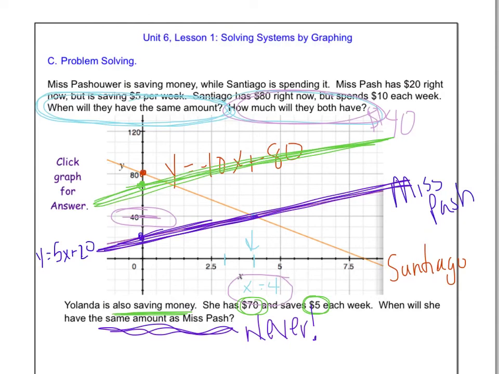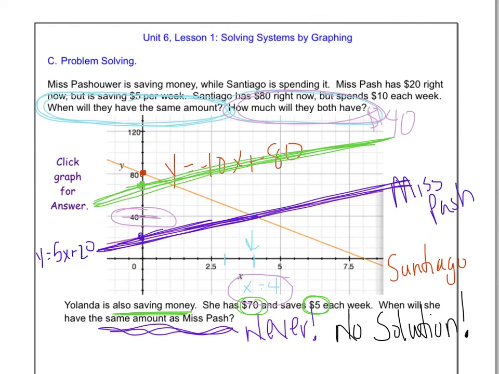But what is my solution? If I'm never going to find a solution, what would I write? Hopefully this is something that's coming back to you that we did when we did equations. If I never have a solution, if there's never a point in which they intersect, parallel lines, when we talk about their solution, is no solution because they'll never intersect. Okay?